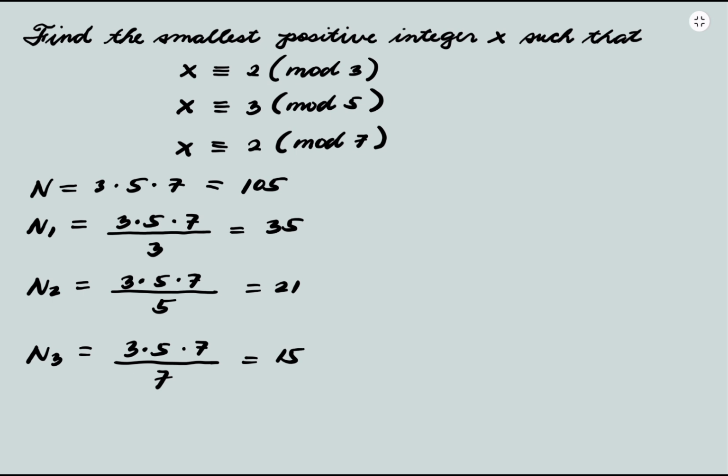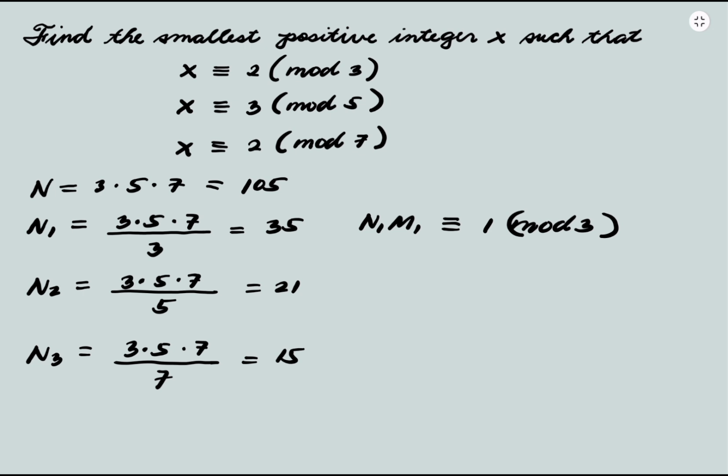Now, let us find the modular inverses. Let us use the variables m sub 1, m sub 2, and m sub 3. We need to find the modular inverses, meaning n sub 1 times m sub 1 must be congruent to 1 modulo 3. So that's why modular inverses.